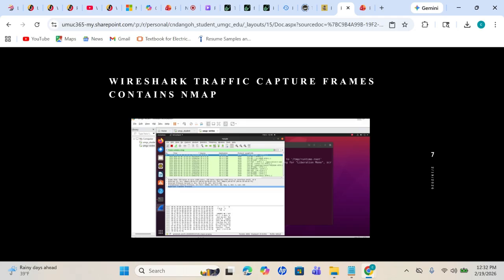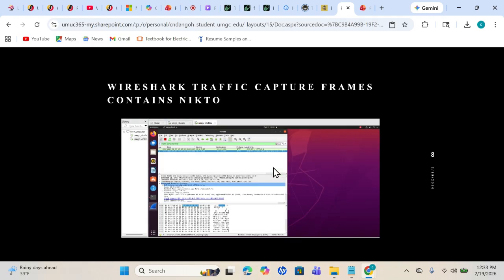From the picture, you might want to look keenly. You can see frames containing Nmap scans, and you can see the IP address going all the way to 10.4.5.25, the Parrot system.